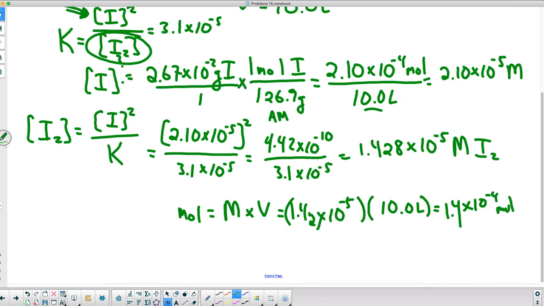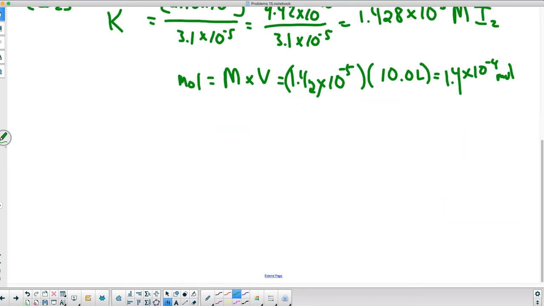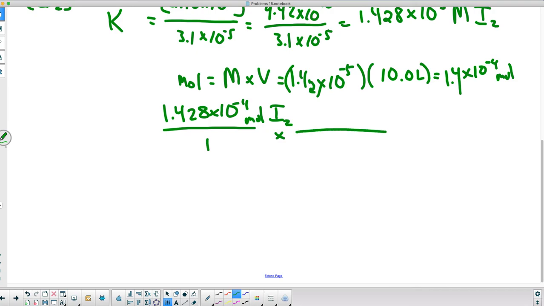Now I simply take that number here. I know I'm drawing this out. So I get 1.428 times 10 to the -4th. All of that, that's the number of moles of I2. Now I'm going to multiply by the number of grams of 1 mole of I2.